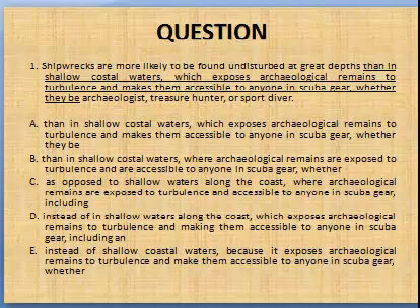Let's try to look at what would be the better one. So then in shallow coast water, which exposes archaeological remains to turbulences, and are accessible to anyone, and makes them accessible. I think that's wordy, we can do it without that.